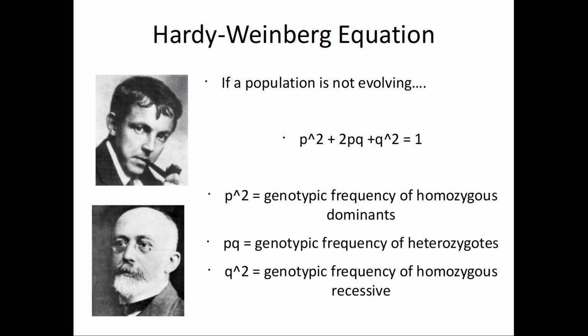If a population is not evolving, and we'll get to what we mean by not evolving in a few slides, the frequencies will follow this equation. So P^2 plus 2PQ plus Q^2 equals 1. All right, and this gives you the relative genotype frequencies in this population.